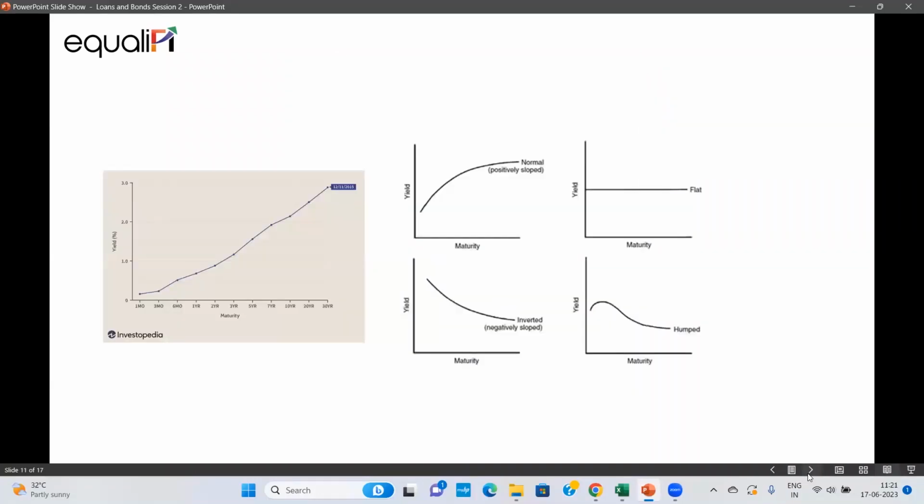Some curves are very steep, some are humped, some are flat, so even with increased maturity the yield doesn't change, and some are inverted curves. Just to give an idea about how curves look, and then you can practically apply all these based on certain data. This portion is, to some extent, theoretical, but based on practical observation.